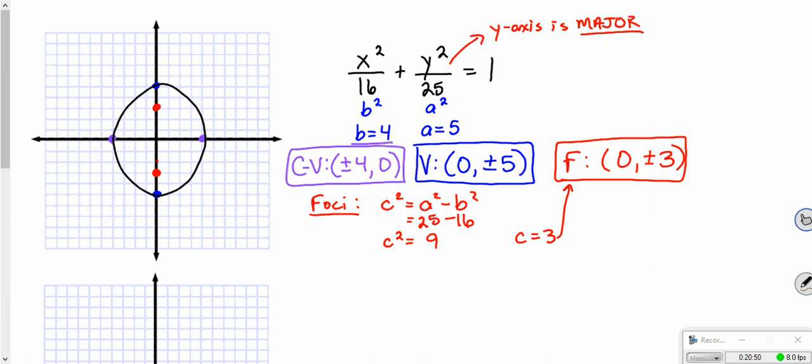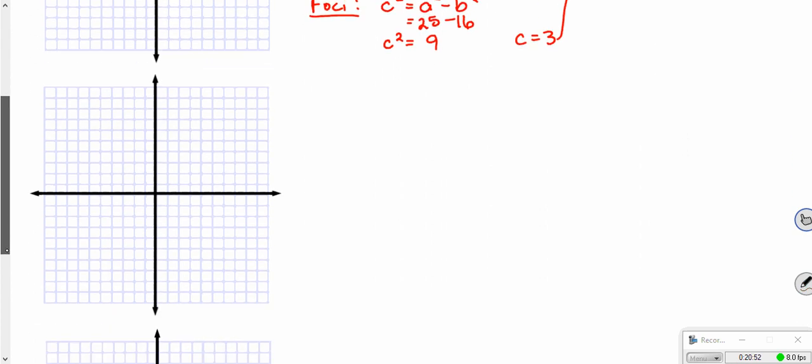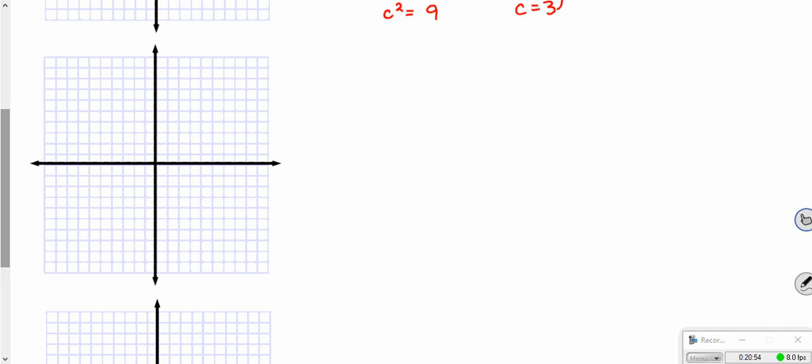So the next problem, let me scroll down. Next problem was x squared over 25 plus y squared over 9 equals 1. I've got the plus in the middle, I've got the 1 on the outside, so I can go ahead and start identifying.